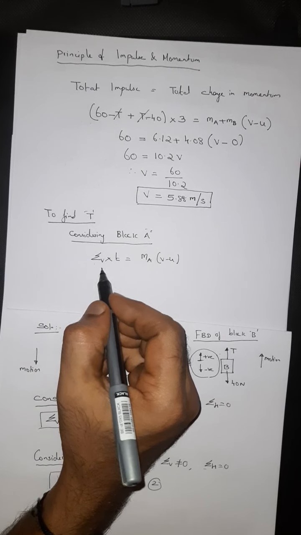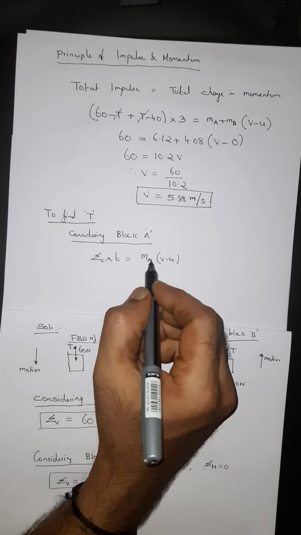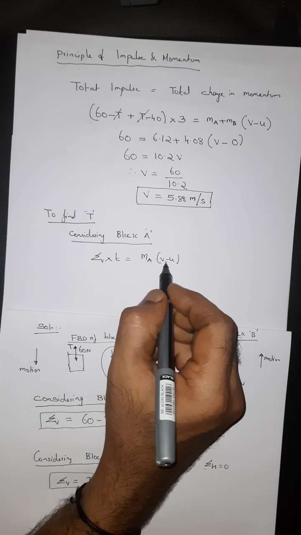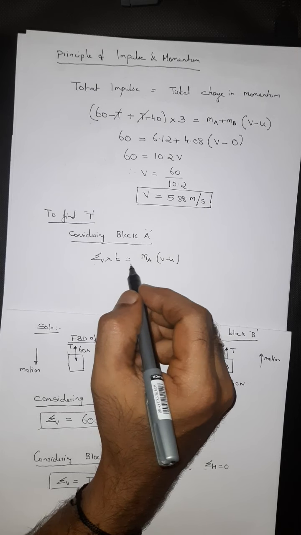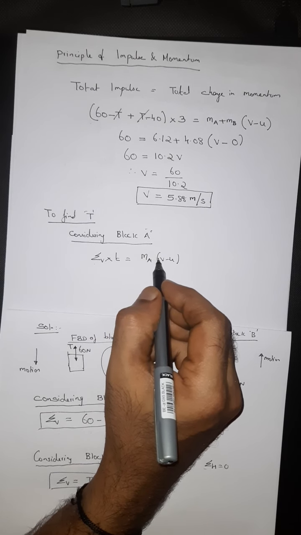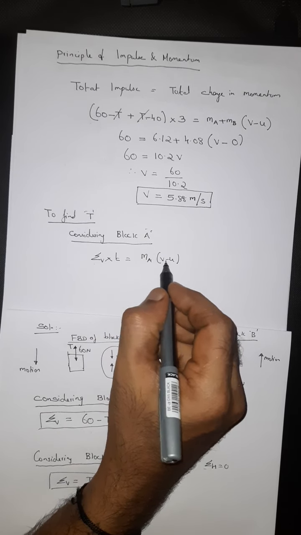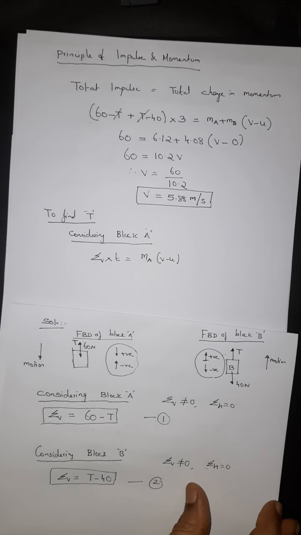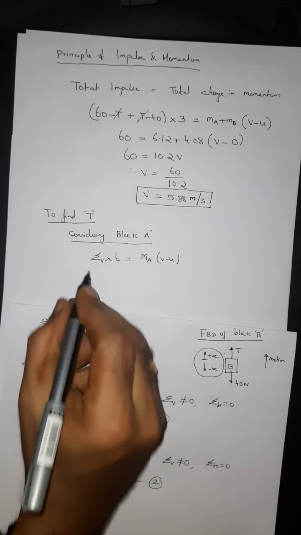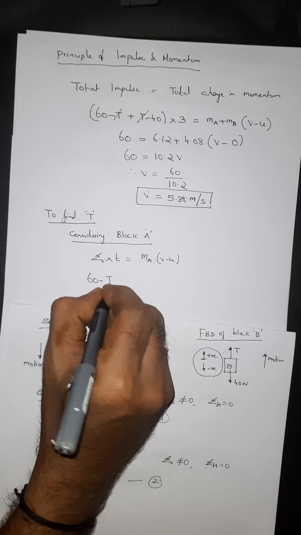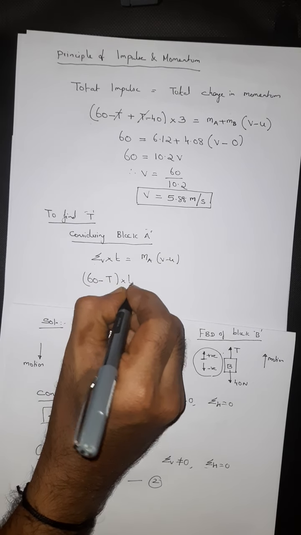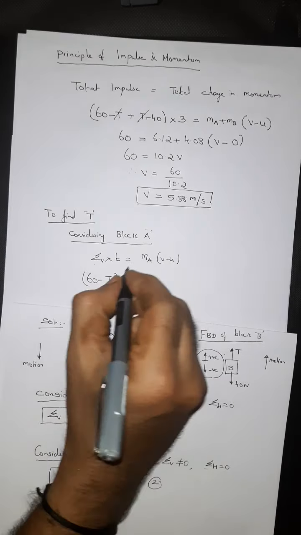The force into time, that is impulse, equals mass into velocity change, that is change in momentum, that is final velocity minus initial velocity, right? So summation F is equal to 60 minus T. So 60 minus T into t, t is 3 seconds, right?